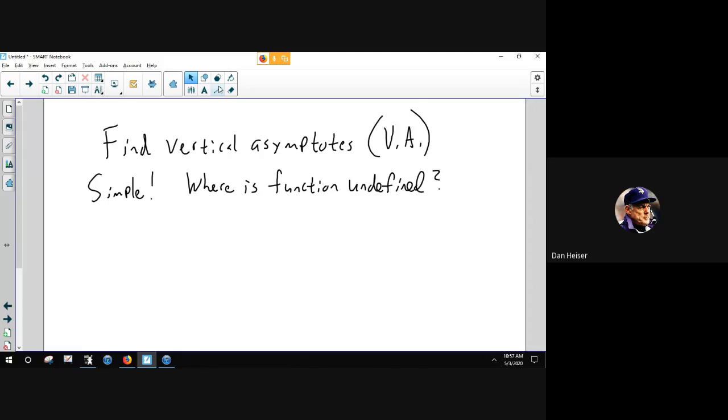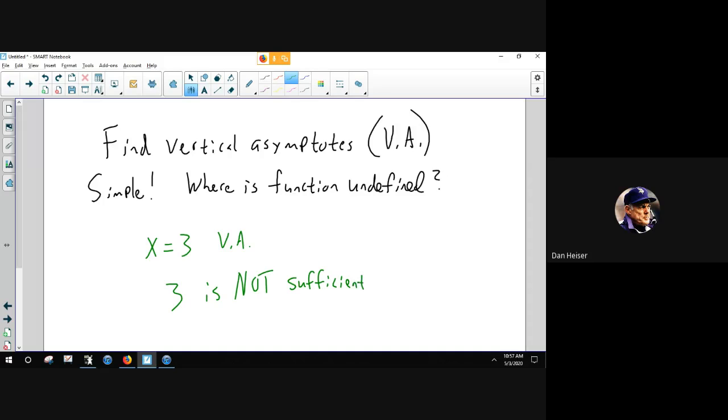You have to be careful with notation, though. A vertical asymptote is a vertical line. Here is a vertical asymptote, potentially. Just saying 3 is not sufficient. 3 is a number.